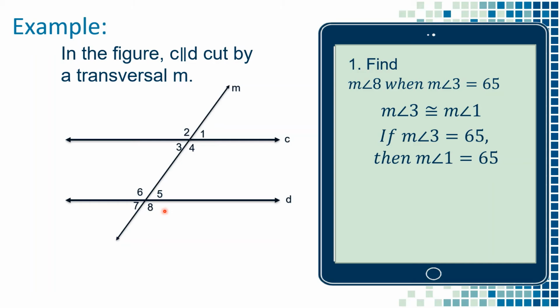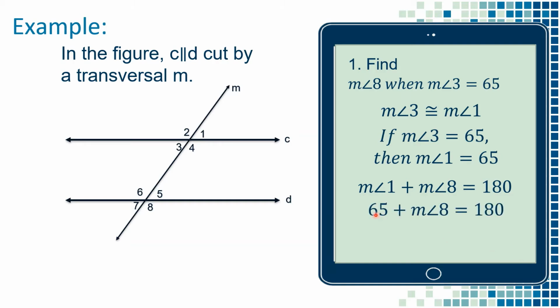Correct, they are exterior angles on the same side of the transversal. What can you say about exterior angles on the same side of the transversal? Yes, they are supplementary. So the measure of angle 1 plus the measure of angle 8 is equal to 180. Since the measure of angle 1 is 65, substitute lang natin doon sa equation.